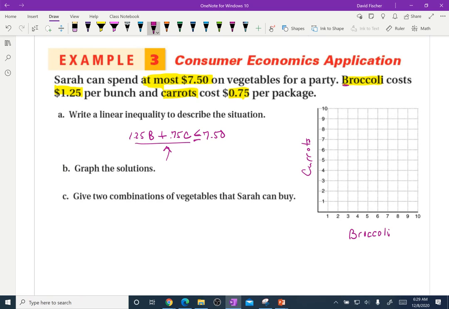So that means I'd take $7.50 and divide it by 1.25. Oops, I didn't do that right. And I get 6. So my broccoli intercept is 6.